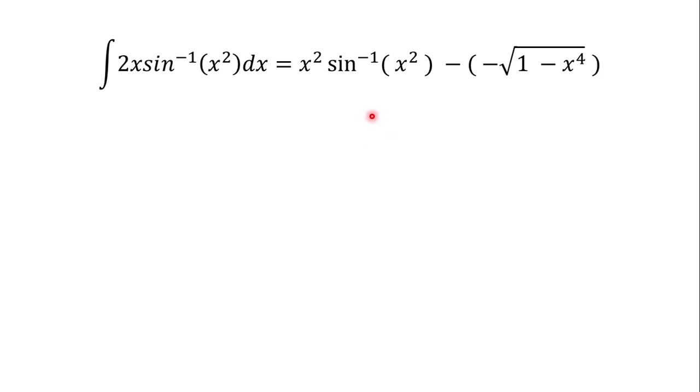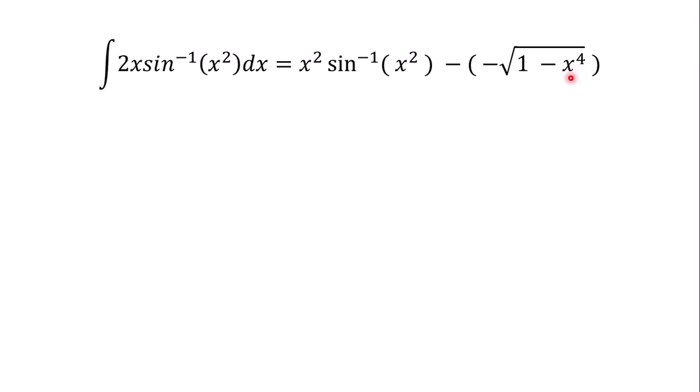Now when we put x squared back, or when we replace u with x squared, this is what we are going to get at the end of the day. Here it was u sine inverse of u, and you know that u is equal to x squared, so we are going to get x squared multiplied by sine inverse of x squared minus, into bracket, minus square root of 1 minus x raised to the power 4.